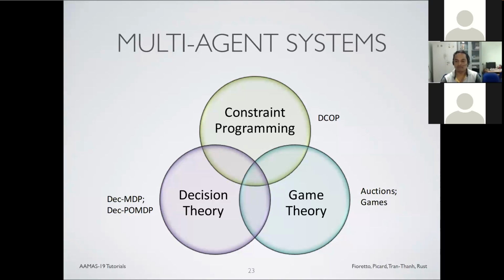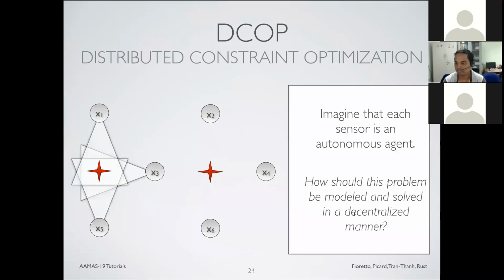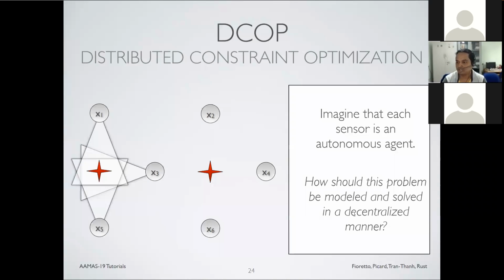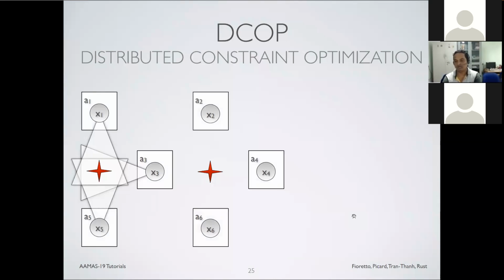Then you have DEC-MDP, decision theory, and game theory, where we can also use a multi-agent system. Imagine that each sensor is autonomous, and how will this problem be solved in a decentralized manner?